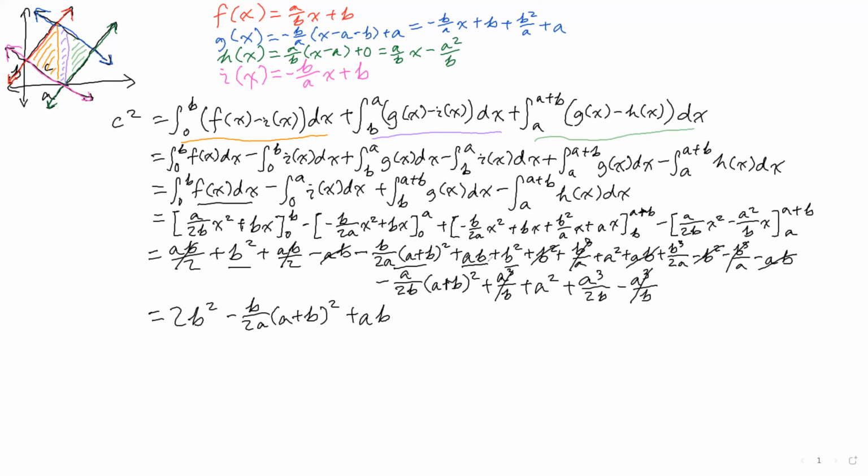And then plus 2a squared because there's one right here and one right here.